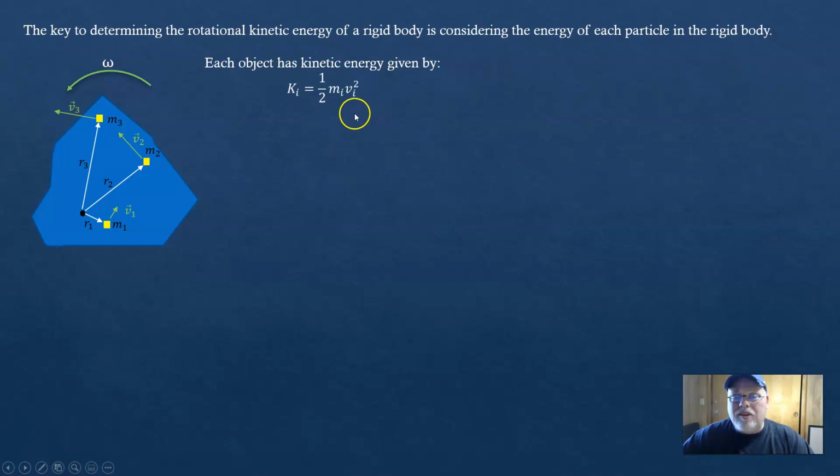But I want to write this a little differently because remember, we're going in a circle, and the velocity of something that's moving in a circle connects with the angular velocity that it's moving at. Remember, that's why I emphasized this earlier. So we can say that the individual velocity of each little particle is actually equal to r omega. That's something we talked about back when we were talking about angular velocity.